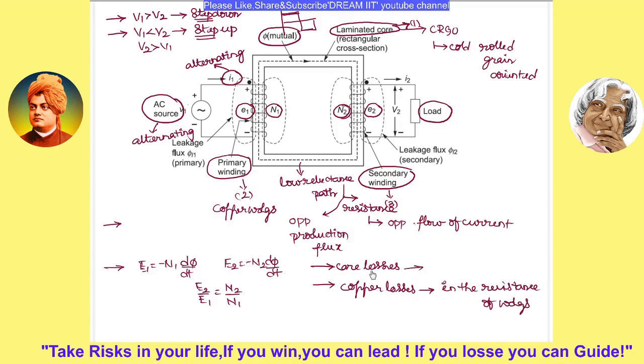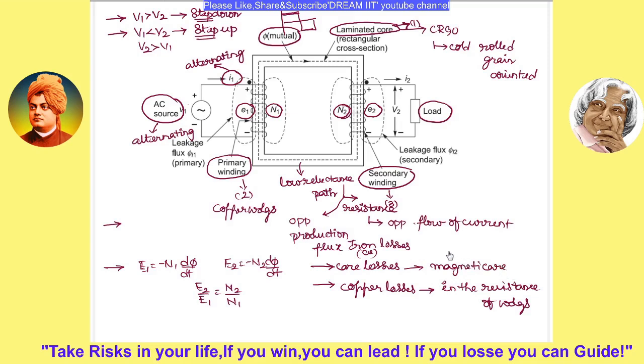Core losses have another name, they are also called iron losses. So iron losses or core losses appear in the magnetic core itself.